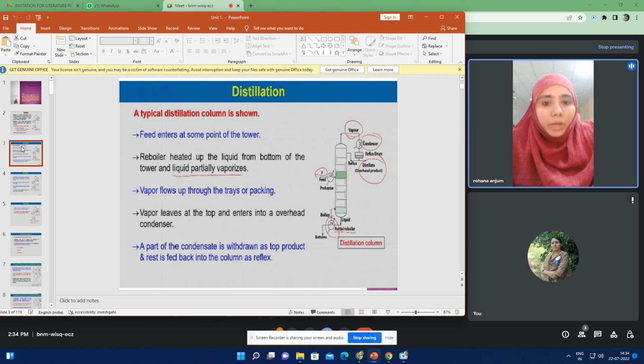It is not completely vaporized. So the vapor flows up through the tower or packing.